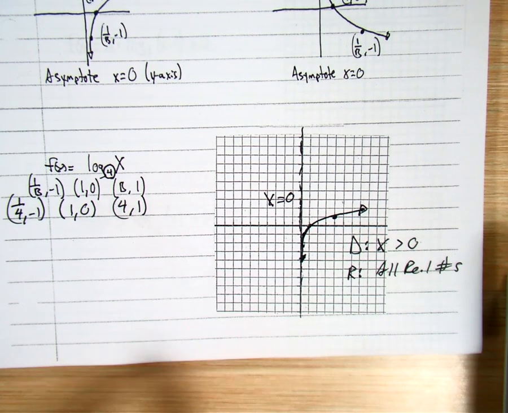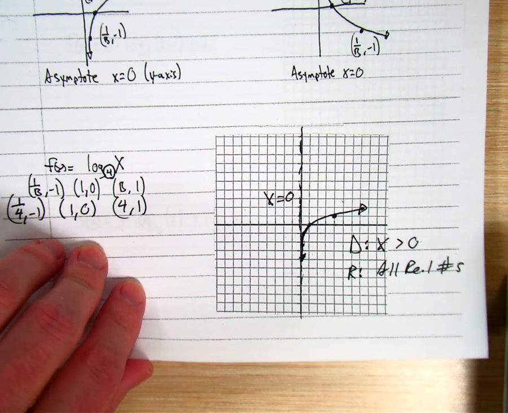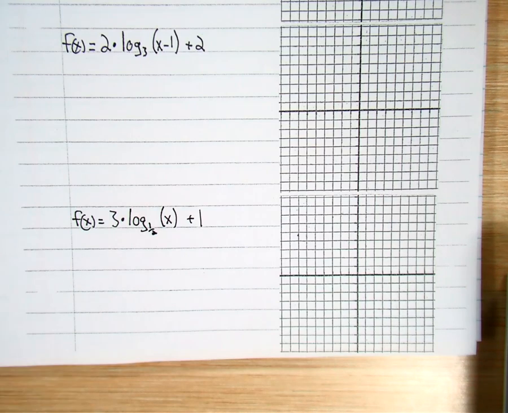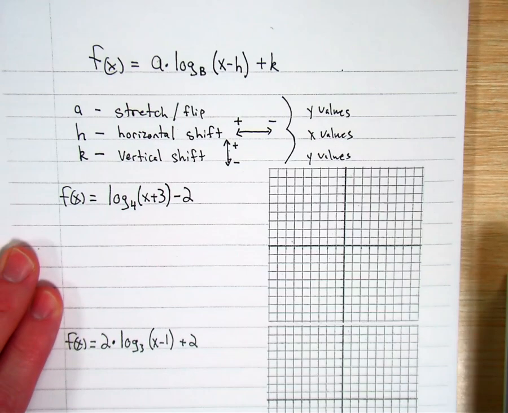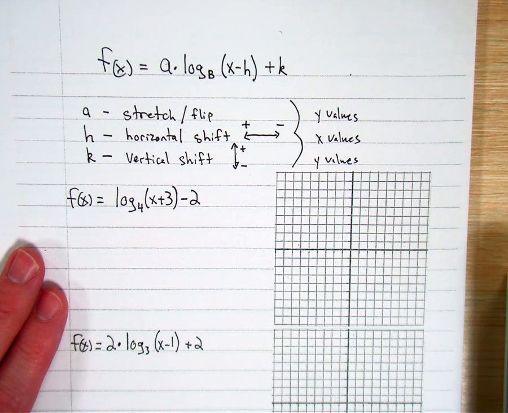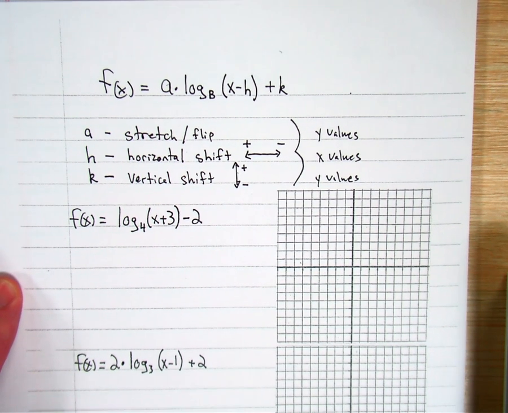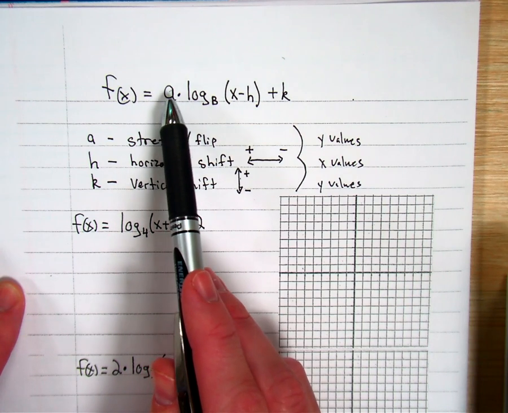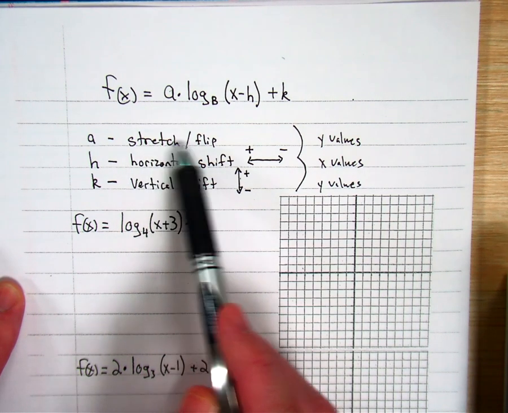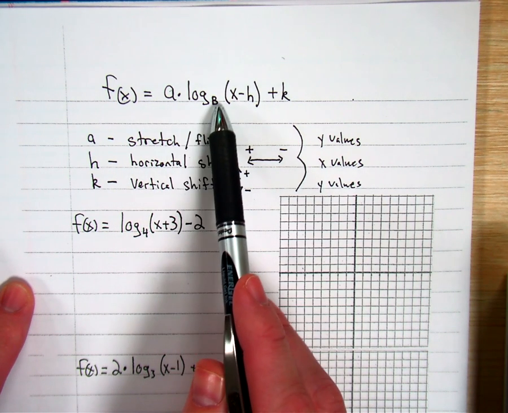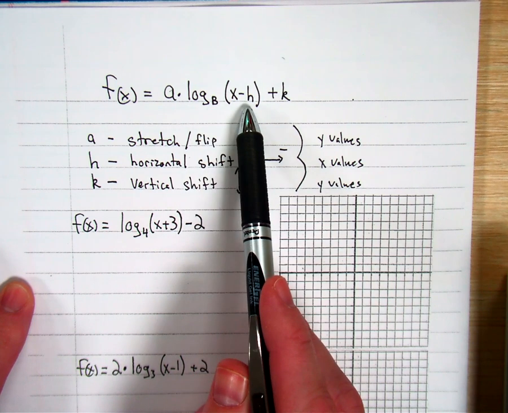All right, there's our basic, nothing going on, just log base 4 of x. No left, right, no up, down, no nothing. But of course, we do have those still. Okay, so we still have all the good stuff there. Vertical multiplier in the front, it's going to stretch it out or flip it if it's negative.